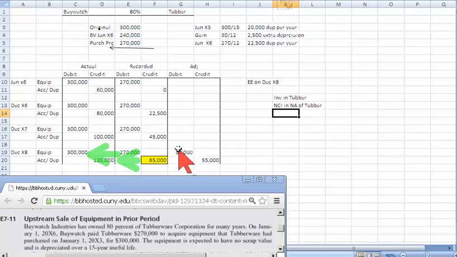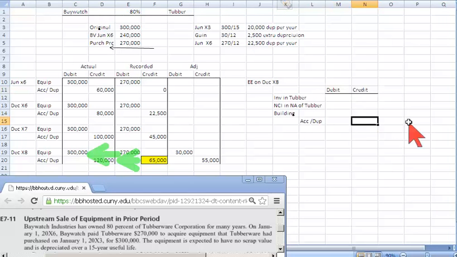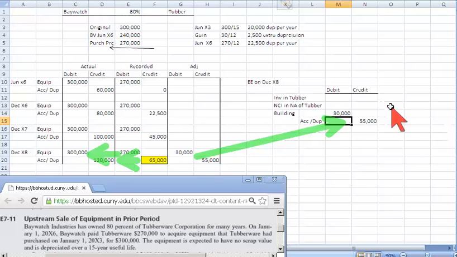Now here we have a debit to a building, so we're going to have a debit building, and here we have a credit to accumulated depreciation. We'll fill these in first, so we know debit and credit. 55,000, and 30,000, which are the amounts that we're adjusting right there.